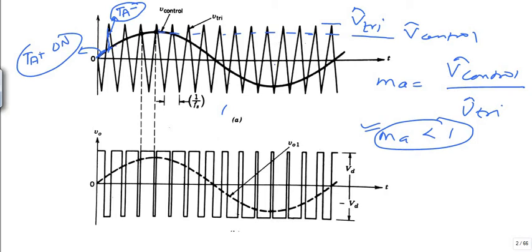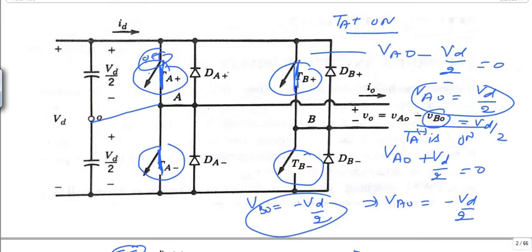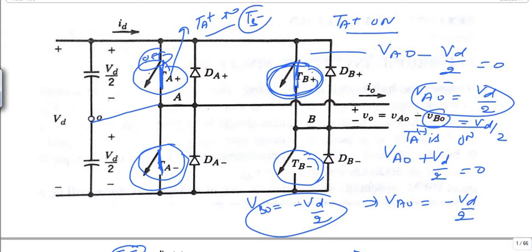In the previous diagram we can see that if TA plus is on, then to get the output voltage TB minus must be on, and if TA minus is on, then TB plus should be on. So if TA plus is on, TB minus should be on with it, and if TA minus is on, under that condition TB plus should be on.